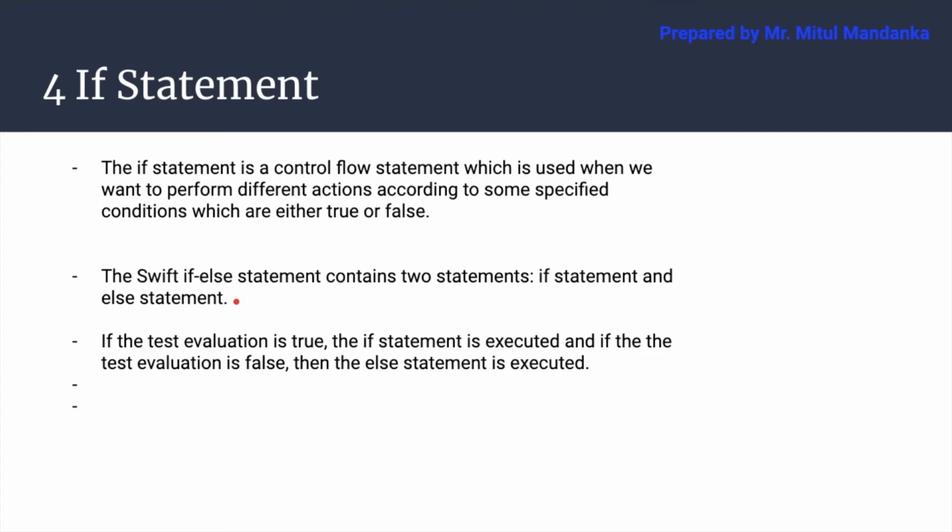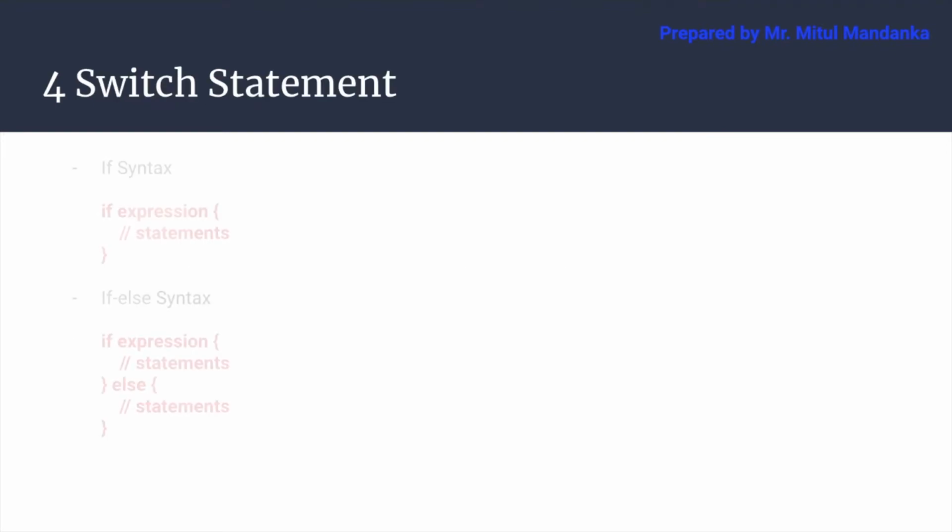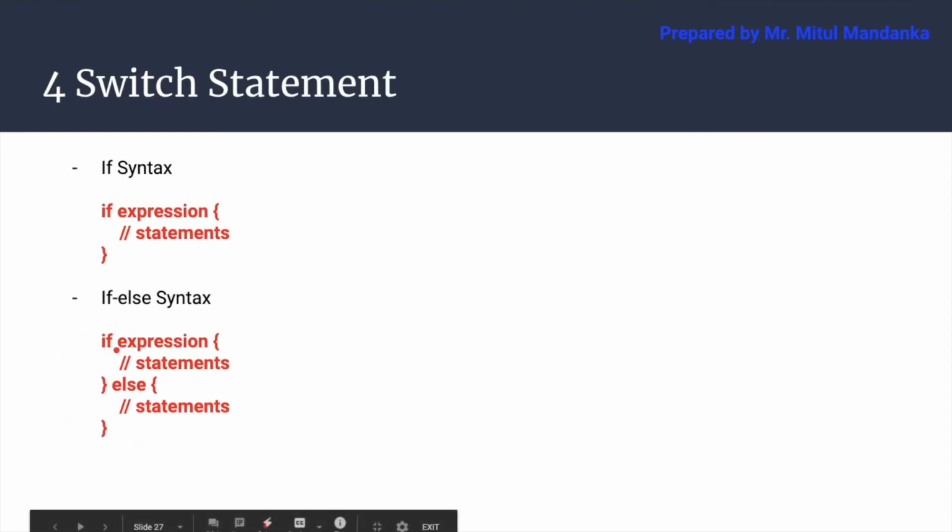If the test evaluation is true, the if statement is executed, and if the test evaluation is false, then the else statement is executed. If your expression is true, then this statement will be executed, and if it's false, then another statement will be executed in the else block. This is the else block, and this is the if block.